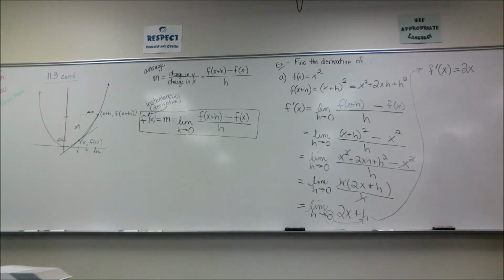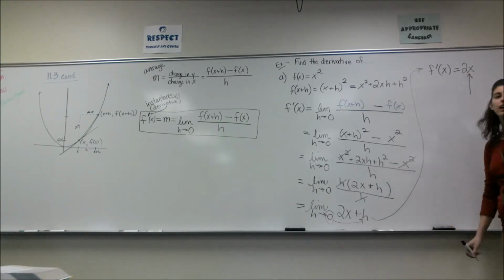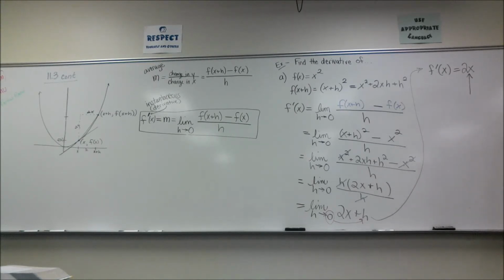Now, what did you just find? You obviously found the derivative, but what does that represent? What is 2x? Anybody know what we found? What did we find? The instantaneous rate of change, the instantaneous slope.